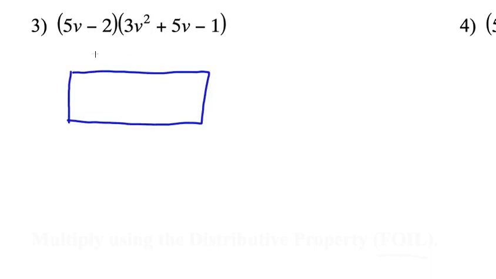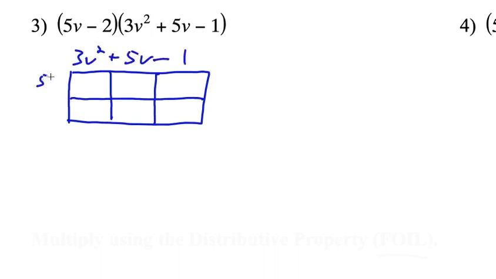Now, I like to have my trinomials across the top in a situation like this. So here's one way to set up our box diagram. I'll write, in this case, the second polynomial across the top, and the binomial along the side, I'm going to write that plus negative 2. All right, we have this box here for each of our 6 little multiplication problems.